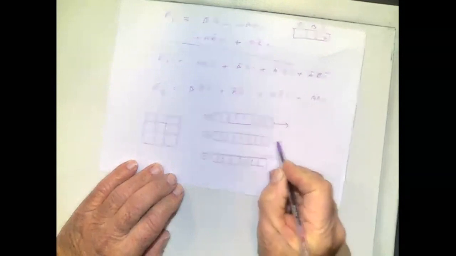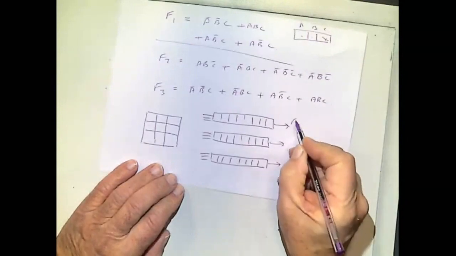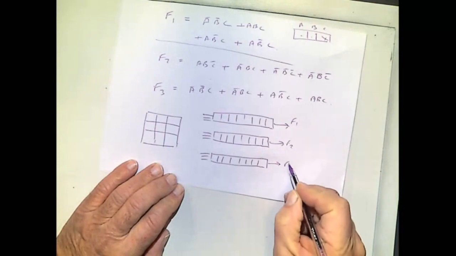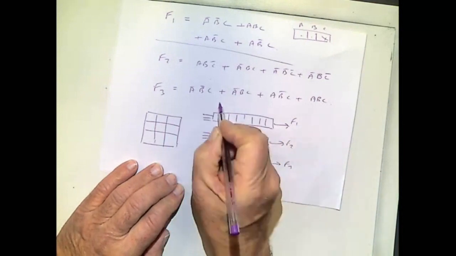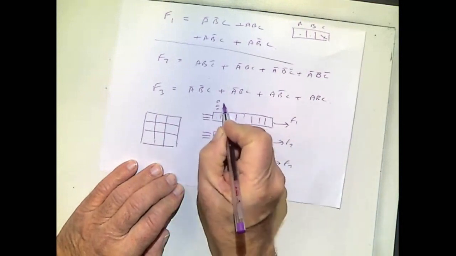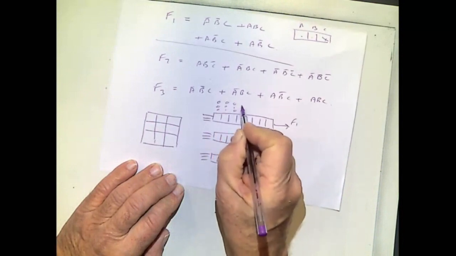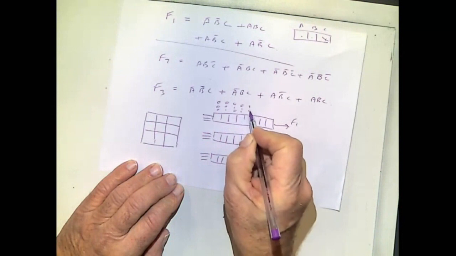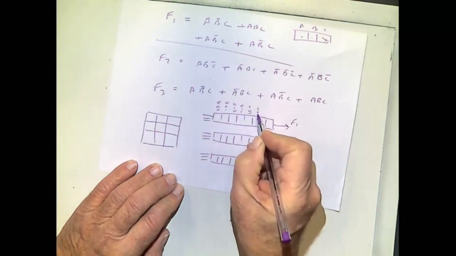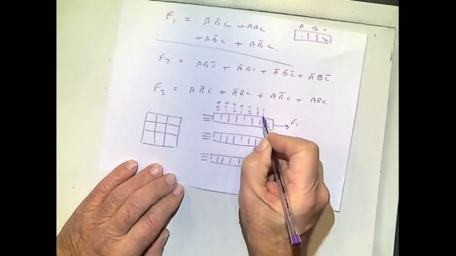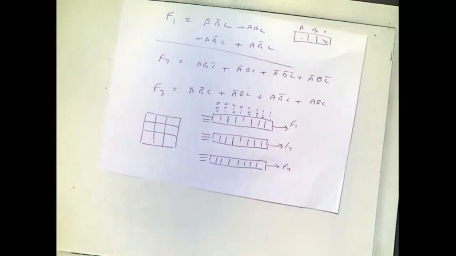Here's the output F1, F2, and F3. And the addresses, of course, are 0, 0, 0, 0, 0, 1, 0, 1, 0, 0, 1, 1, 1, 0, 0, 1, 0, 1, 1, 1, 0, and 1, 1, 1. That's the same for all of them.